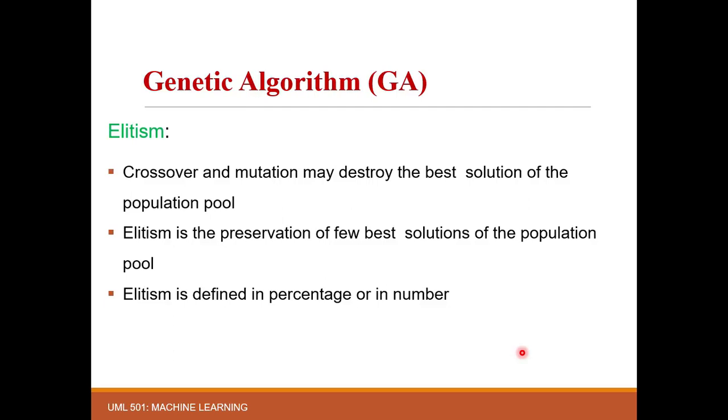So according to elitism, we have to preserve some of the best solutions from the population pool, and this is defined in terms of a percentage or a number that we save after reproducing the new offspring.